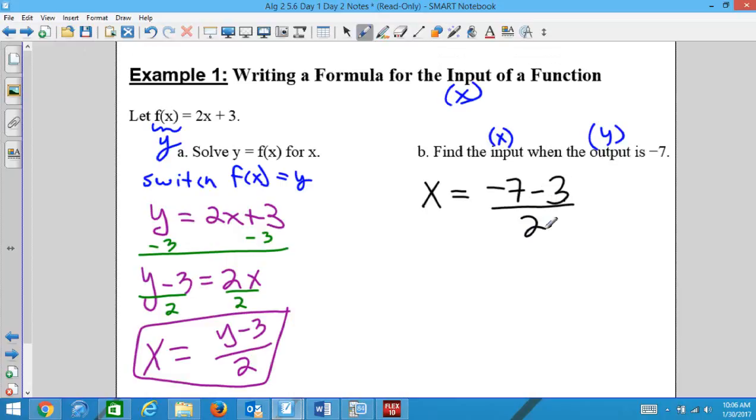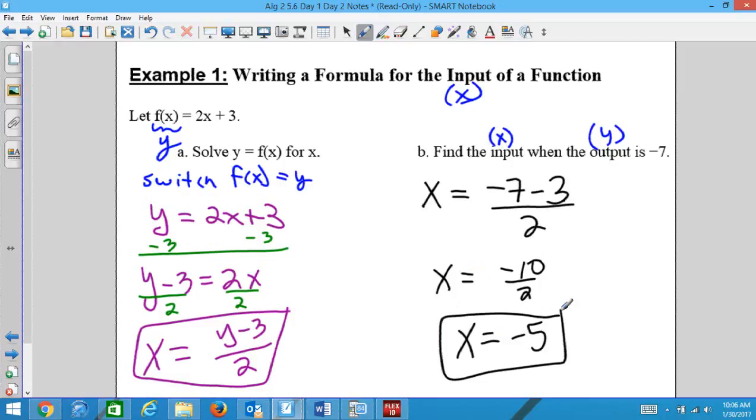So we're going to do negative 7, take away 3, divide that by 2. So for your answer, part A is x equals y minus 3 over 2. And then part B, x equals negative 5.